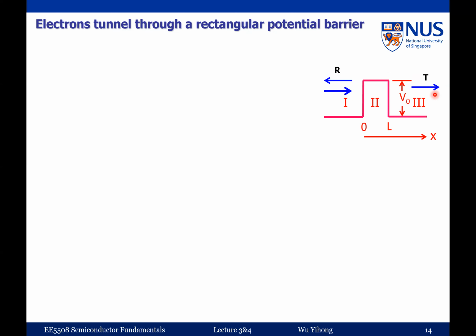And then you have this wave which is propagating towards the right due to the tunneling, right? And how do we find out this tunneling probability? Again, we go back to the Schrodinger equation.